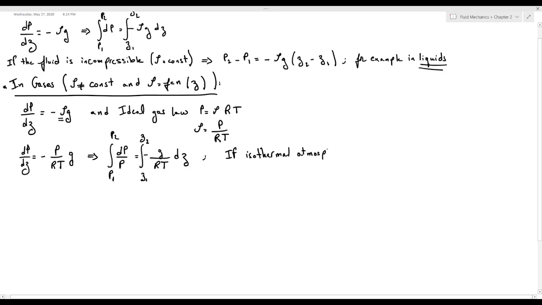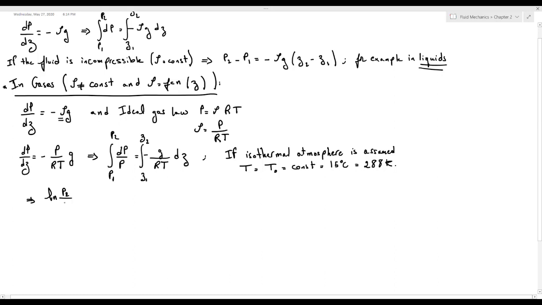So if the isothermal atmosphere condition is assumed, then the temperature T is independent of Z, and it is equal to T0, which is equal to 15 degrees. By international agreement this value is 15 degrees Celsius or 288 Kelvin.